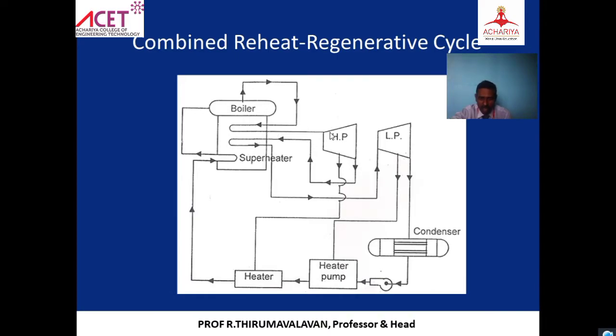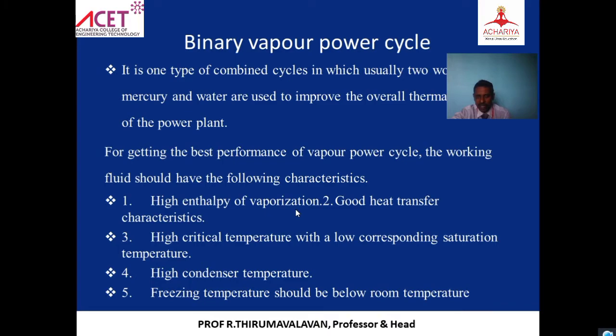In the high pressure turbine we are taking part of the steam for the reheating process, and part is going for the regeneration process. That reheated steam is again going to the low pressure turbine. From the low pressure also we are taking some part for regeneration, so the remaining is going to the condenser. So that is what we call the regeneration reheat cycle.